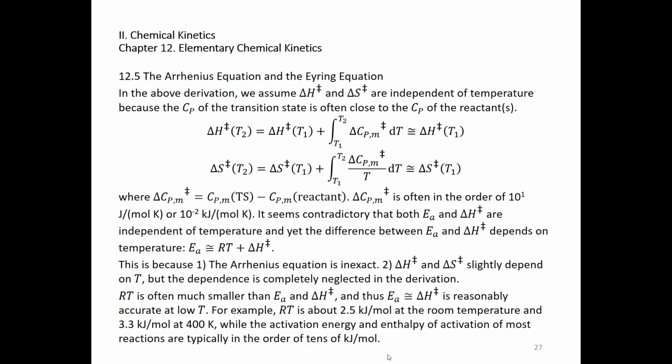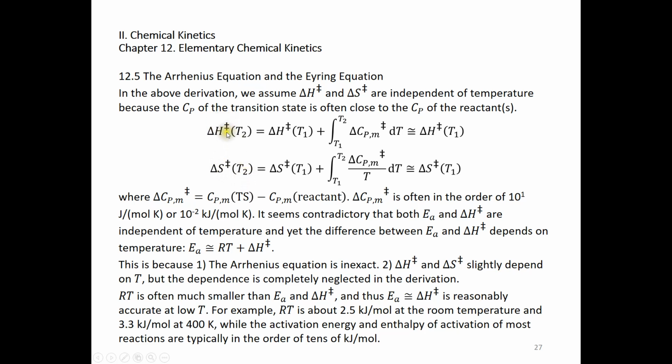Again, we assumed this enthalpy of activation and entropy of activation are both independent of temperature. This is just because the isobaric heat capacity of the transition state is often very close to the isobaric heat capacity of the reactants. We can write out the temperature dependence of the enthalpy of activation and also for entropy of activation.